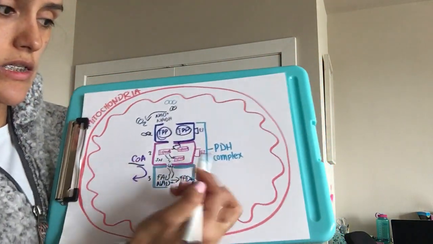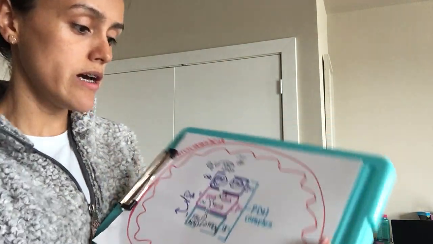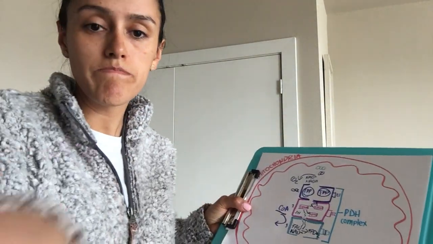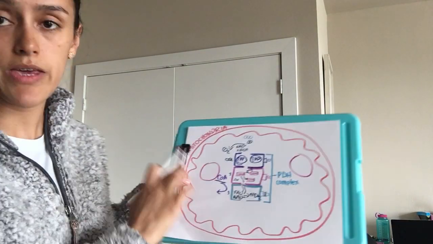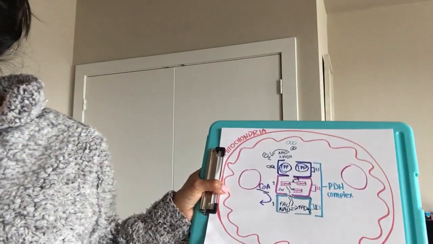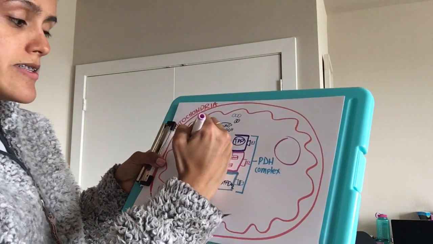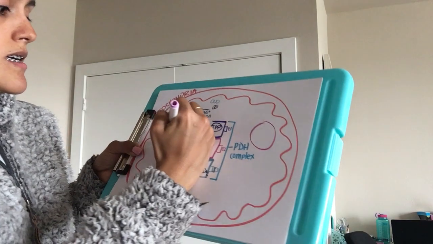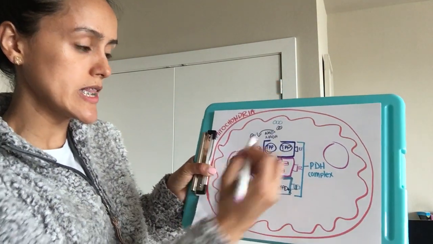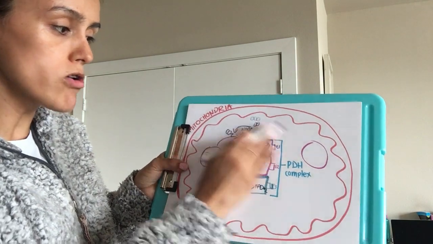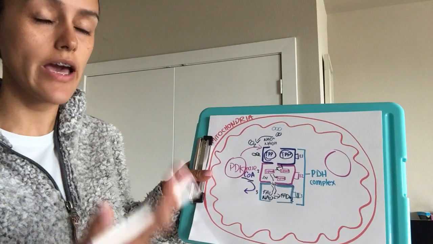So this complex is a very regulated process. It is regulated by one enzyme here and another enzyme here. This enzyme here is called pyruvate dehydrogenase kinase. This basically inhibits this whole complex from making too much ATP.